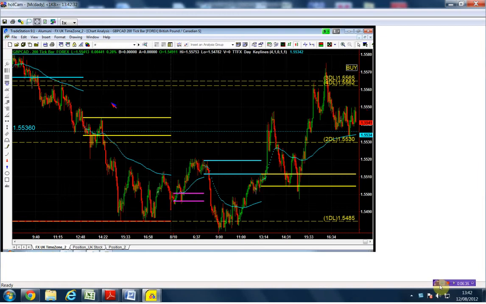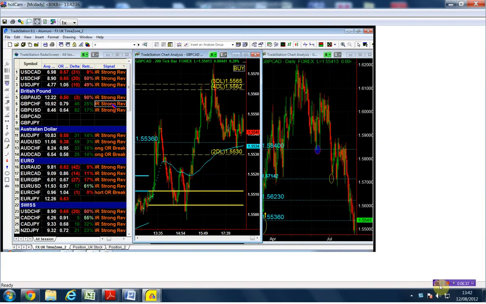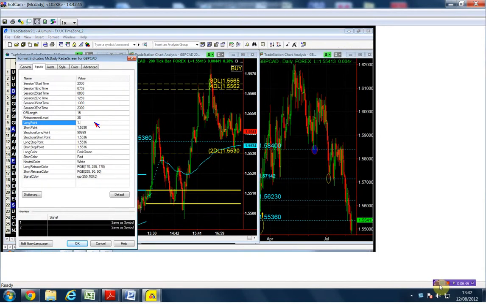So my buying point is the 155.70, and my structural long point is the 156.23. And my stop here is going to be the 155.50.